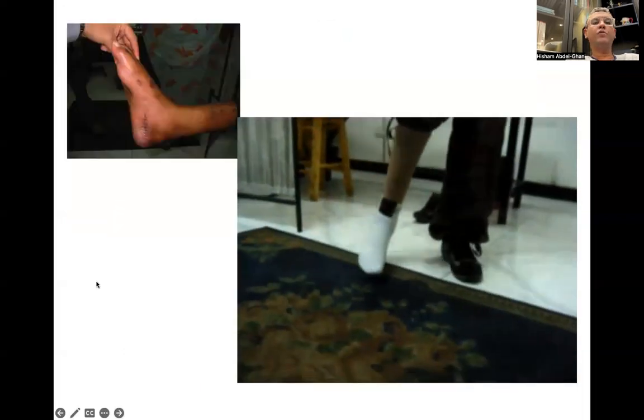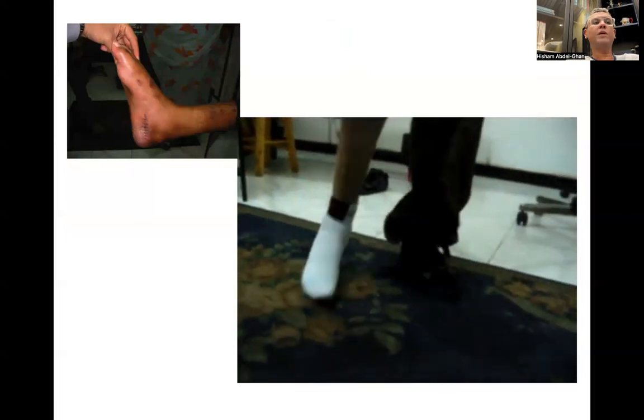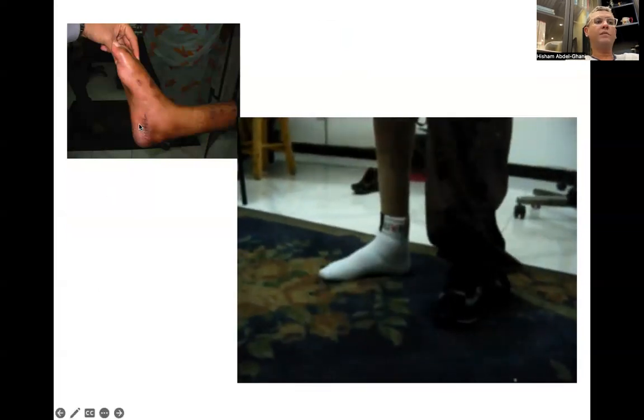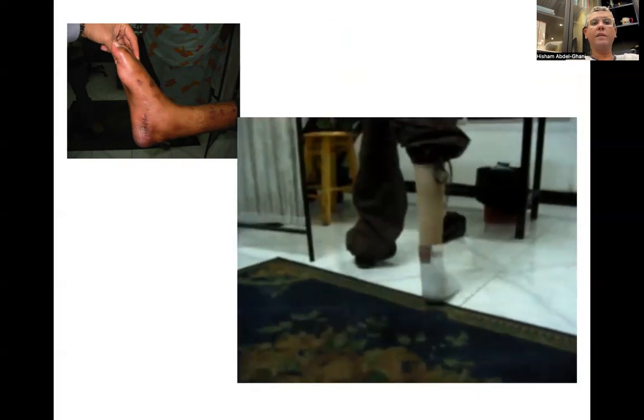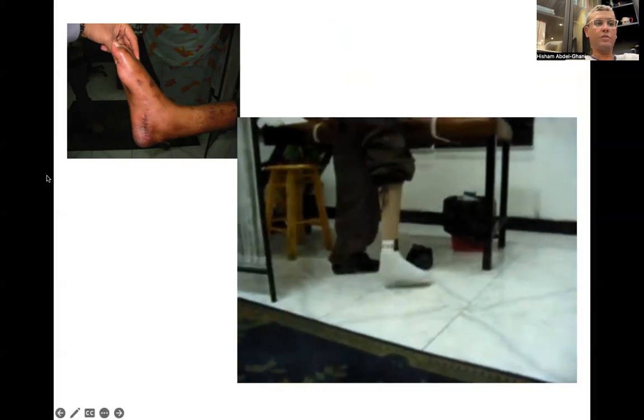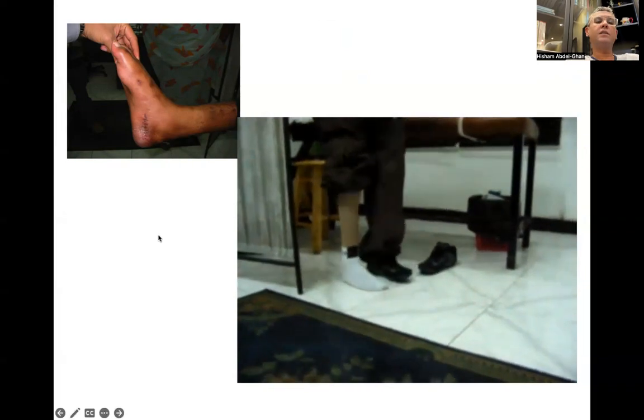We shifted to correction of the equinovarus deformity by Ilizarov, followed by plantar release and tibialis posterior release, and she achieved a plantigrade foot after this surgery. These cases are uncommon because most of the patients are treated earlier. If this patient had received the proper treatment earlier, she wouldn't have gone into such rigid deformity and would not require such aggressive intervention.